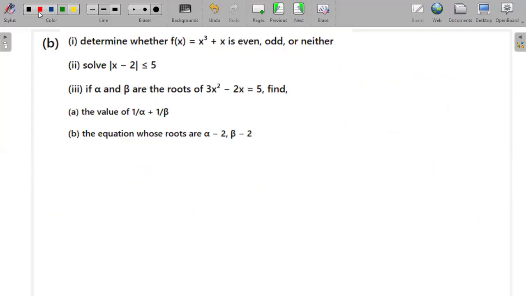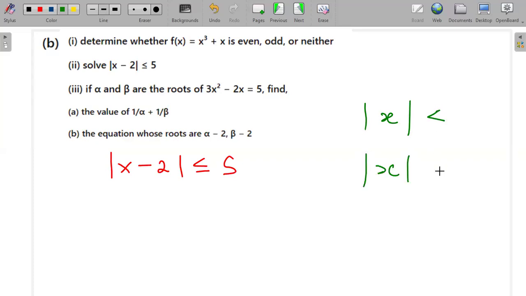So for the inequality, they have said solve modulus of x minus 2 less than or equal to 5. So how do we solve such questions? The rule is that whenever you have something in modulus, let's say modulus of x, and here you have a less than, or less than or equal to something, let's just say y, this is the same as writing x in the middle, less than, and on one side you put minus y and on the other positive y.